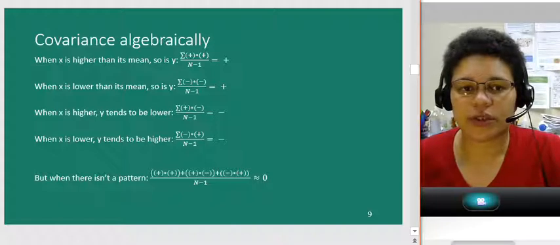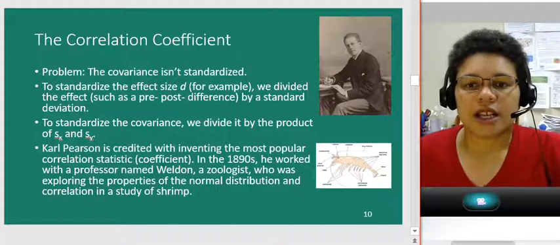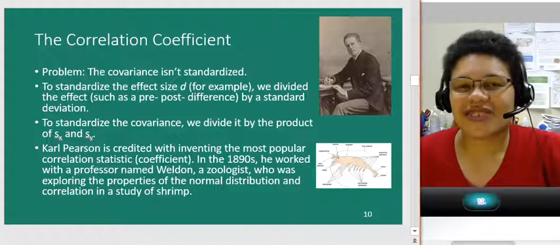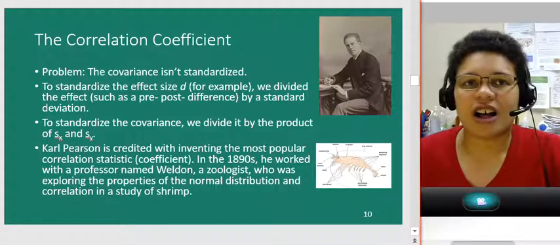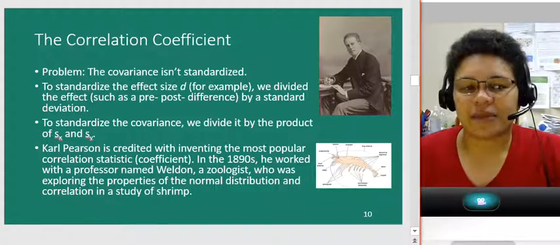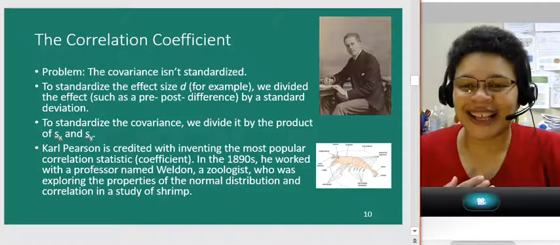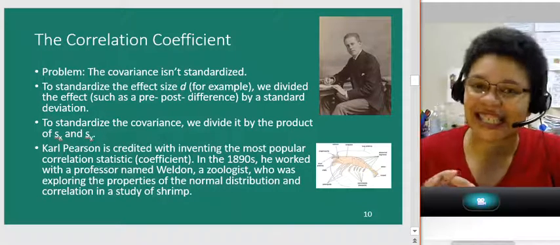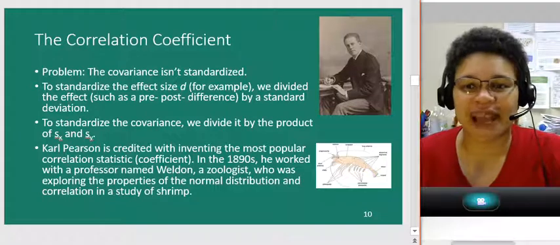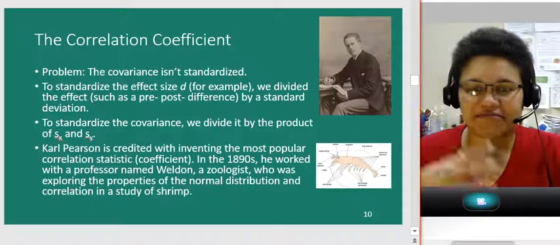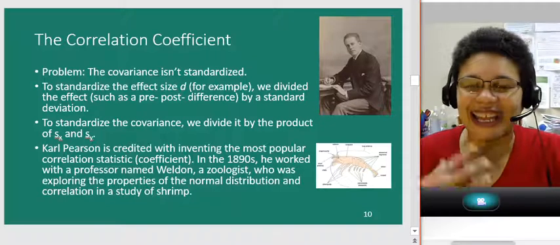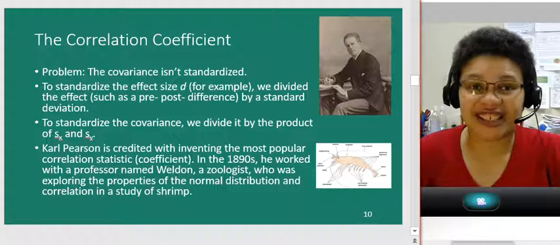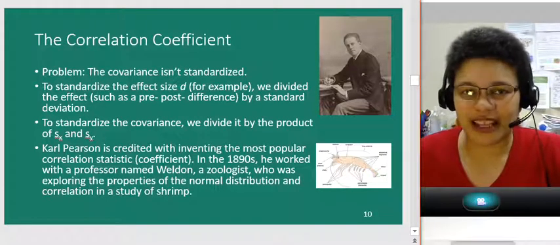Okay, if you do the formula for covariance, the problem is that covariance isn't standardized, right? The distance from the mean depends on the units, right? So let's take height and weight. I'm not that many inches from the average height for women. You can imagine that the standard deviation for height, if measured in inches, is probably not that high, right? And if I'm within one standard deviation, it's not that many more inches, right?